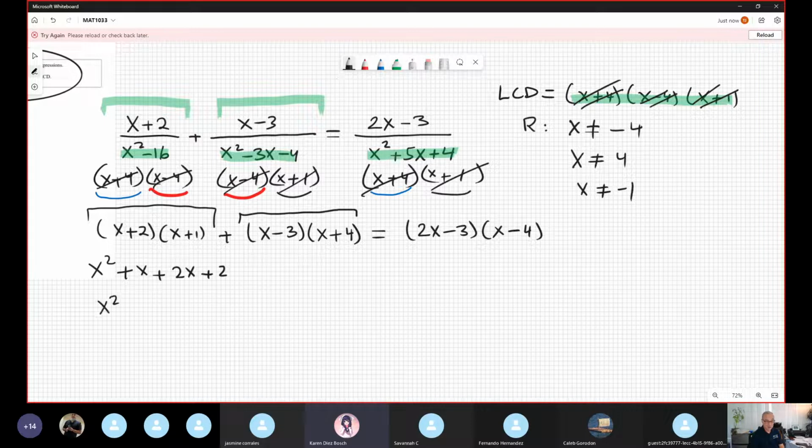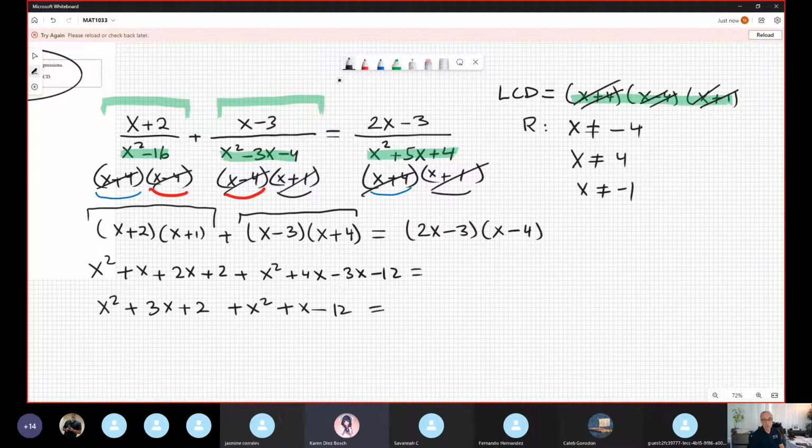Either way, in this case, I like this, but sometimes I do it differently. Okay, it's not important. Now FOIL again, and the other is plus. To process this plus, I bring down x squared plus 4x minus 3x minus 12. X plus x squared plus x, because 4 minus 3 is 1.